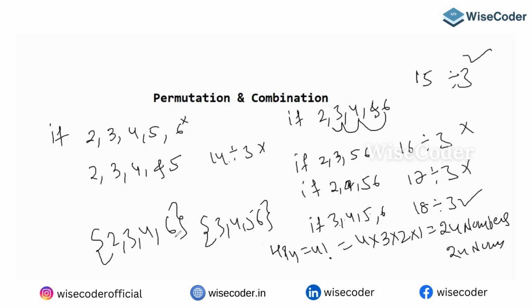I can use this or this, which means 24 plus 24, that will give you 48 numbers divisible by 3 that can be formed using the digits 2, 3, 4, 5, 6. So the total is 48 numbers. Okay, let's go to the next question.